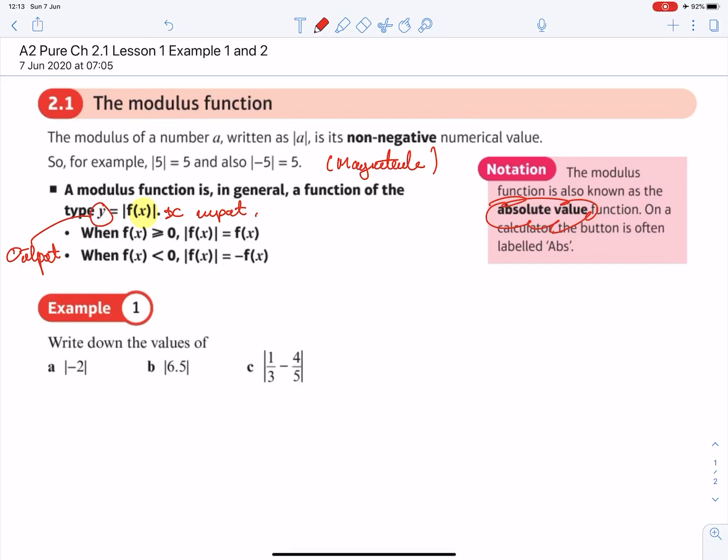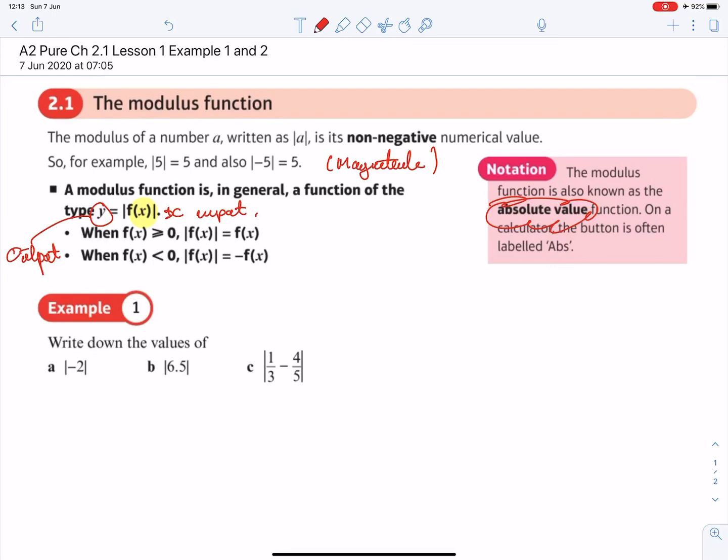When f of x is greater than or equal to 0, so when the output of the function is positive, then the modulus of f of x is also equal to f of x. When f of x is less than 0, so the output is negative, the modulus of f of x is equal to the negative of f of x. In other words, you make the value positive.